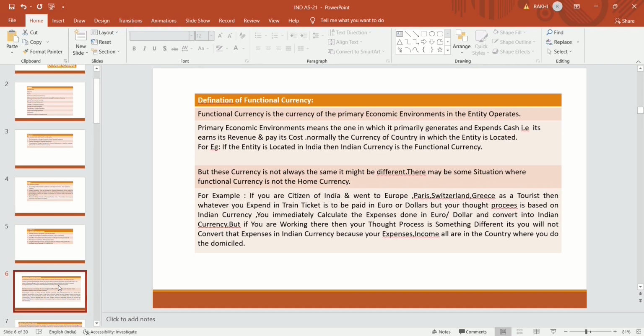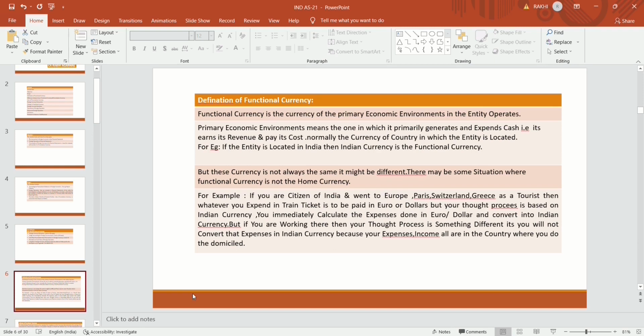But the domicile, the country where the people or the entity is domiciled, is not important for determining the functional currency. What does primary economic environment mean? Primary economic environment means the one in which it primarily generates and expends cash. That is, it earns its revenue and pays its costs. Normally it is the currency of the country in which the entity is located.